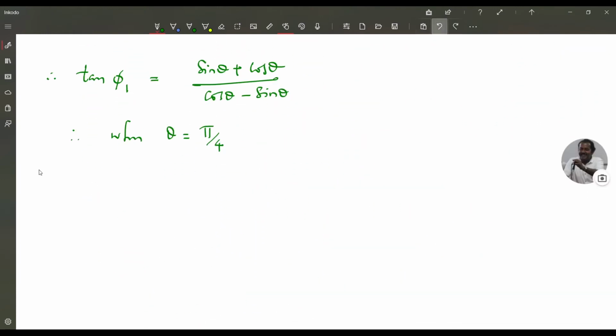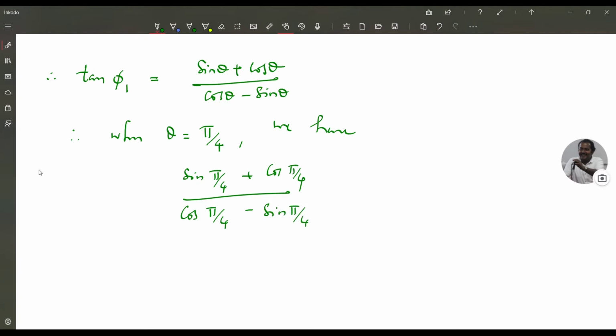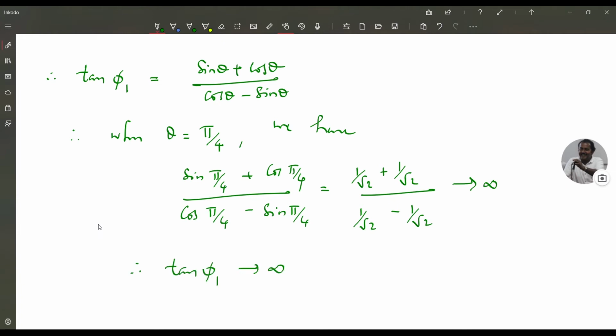So when theta equals pi by 4, we have sin pi by 4 plus cos pi by 4 divided by cos pi by 4 minus sin pi by 4, which is 1 by root 2 plus 1 by root 2 divided by 1 by root 2 minus 1 by root 2. Therefore tan phi 1 tends to infinity as theta tends to pi by 4, so phi 1 is pi by 2.